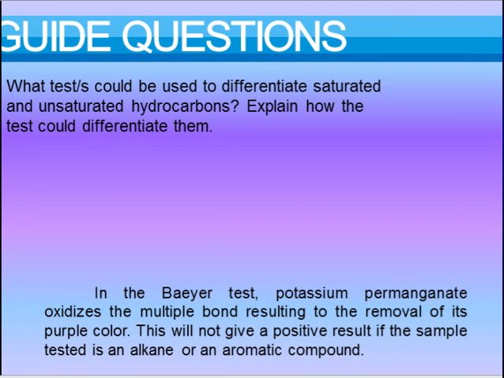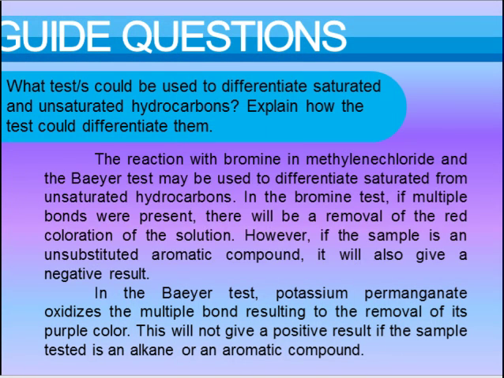So, what tests could be used to differentiate saturated and unsaturated hydrocarbons? Explain how the test could differentiate them. Well, as said earlier, we can test unsaturation using the bromine in methylene chloride solution, or the Baeyer's test. In the bromine test, you get a positive result with the loss of the red coloration, which is due to bromine bonding onto the sites where the pi bonds are broken.